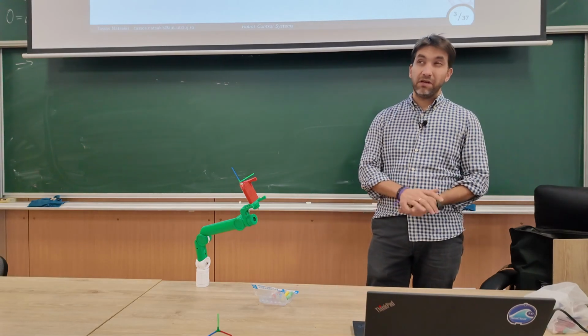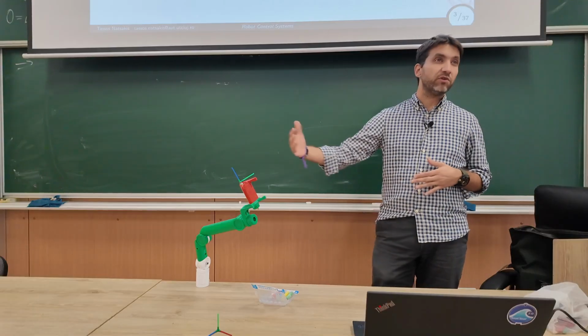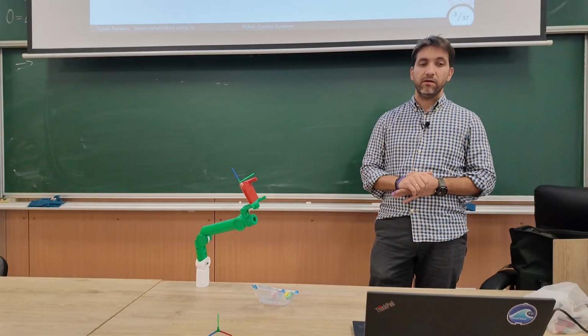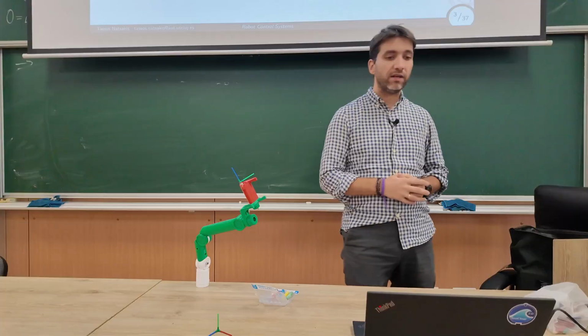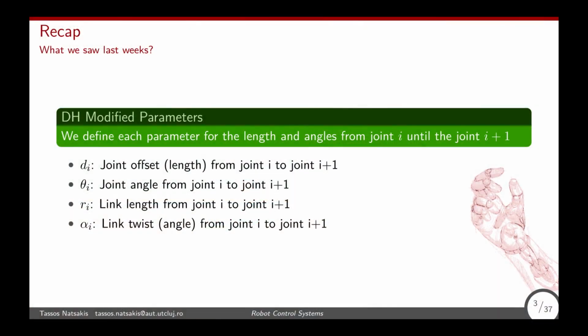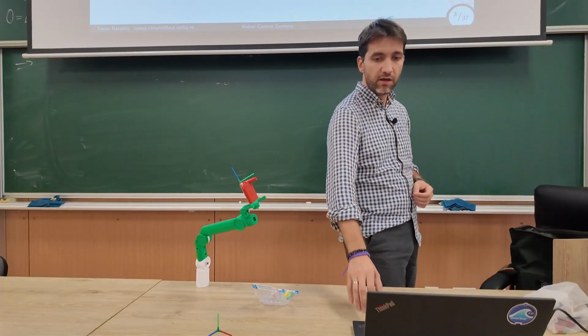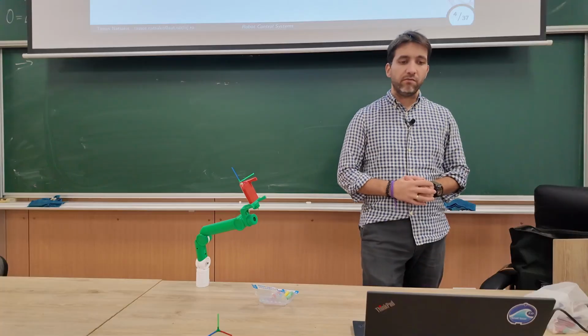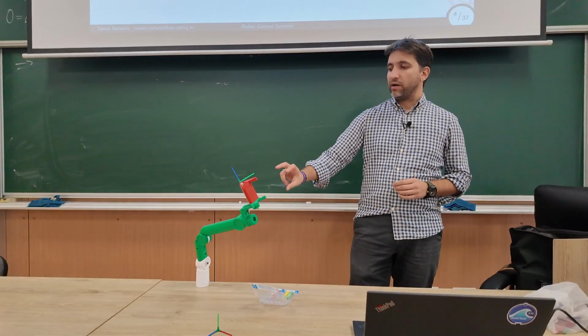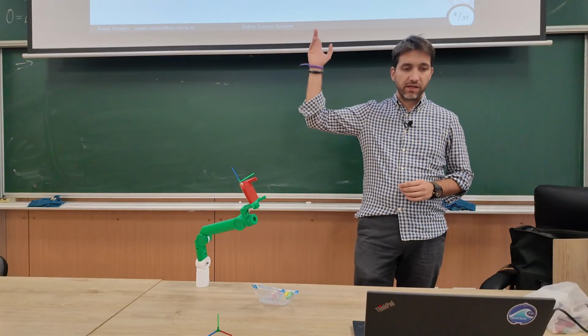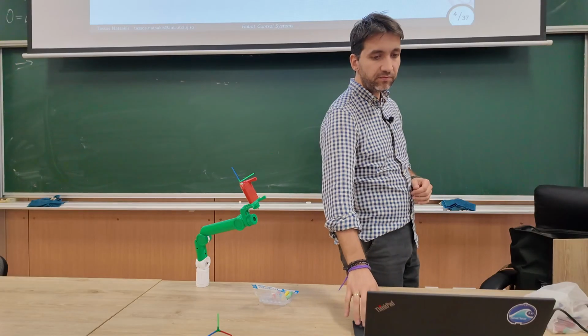All right, so in previous weeks we talked about forward kinematics mainly. We talked about these modified DH parameters and how we place axes on the robot, on the joints, so that we can calculate the forward kinematics. And we saw that the kinematics from one joint to the next has a standard form.